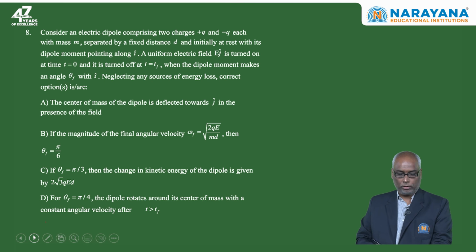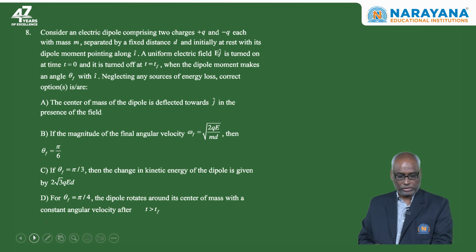Consider an electric dipole comprising two charges plus q and minus q each with mass m separated by a fixed distance d and initially at rest with its dipole moment along i cap. A uniform electric field E j cap is turned on at time t equal to 0 and it is turned off at t equal to Tf, when the dipole moment makes an angle theta f with i cap, neglecting any source of energy loss.